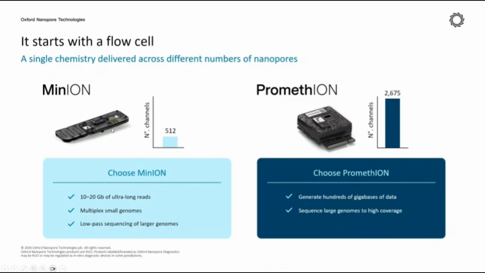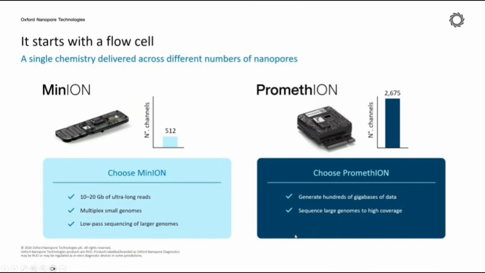The MinION flow cell normally can give us roughly 10 to 20 GB of data, and the PromethION flow cell gives more than that, reaching 100 GB of data. MinION is suitable for small genomes, especially like our topic today, bacterial or microbial genomes, and the PromethION flow cell can sequence a very large genome like the human genome.